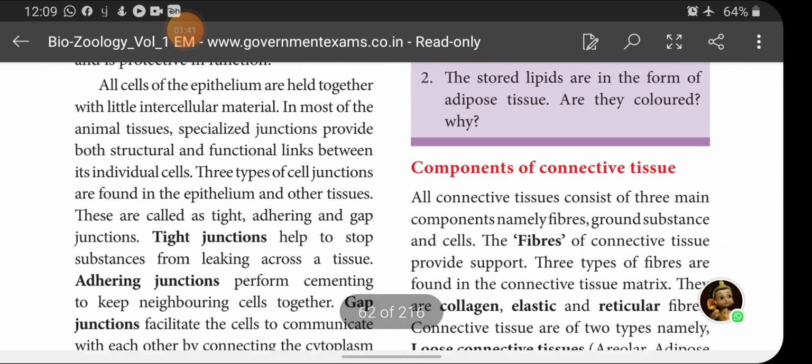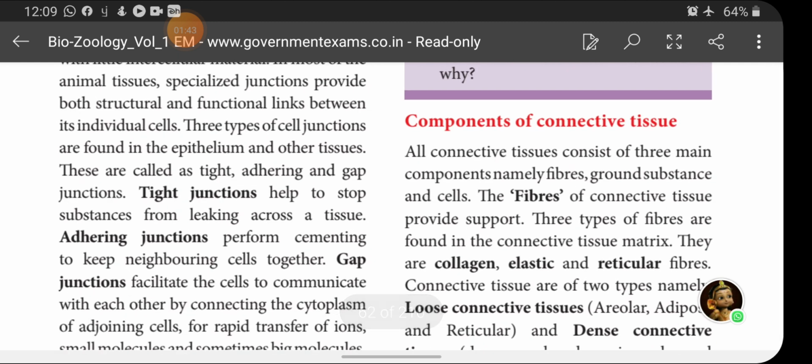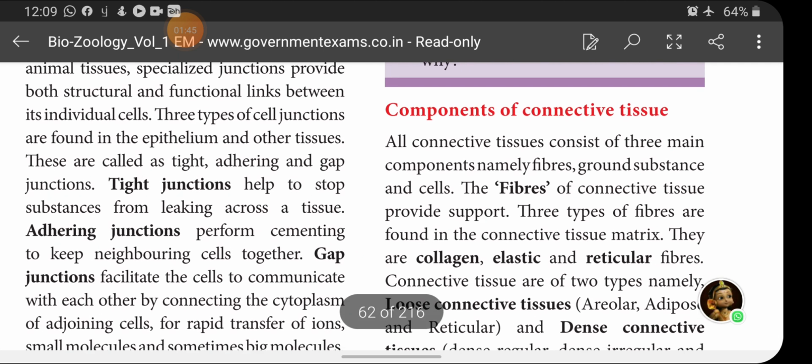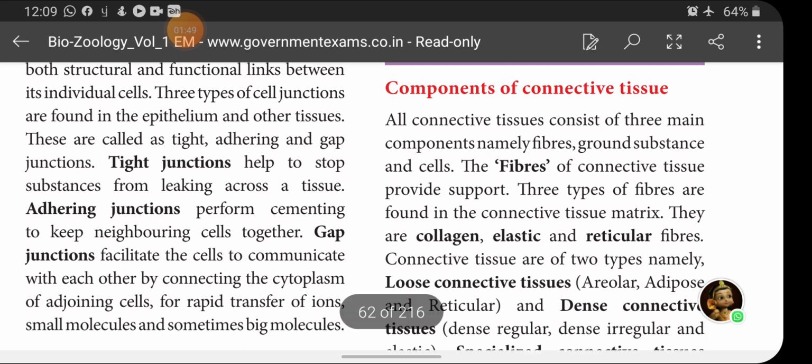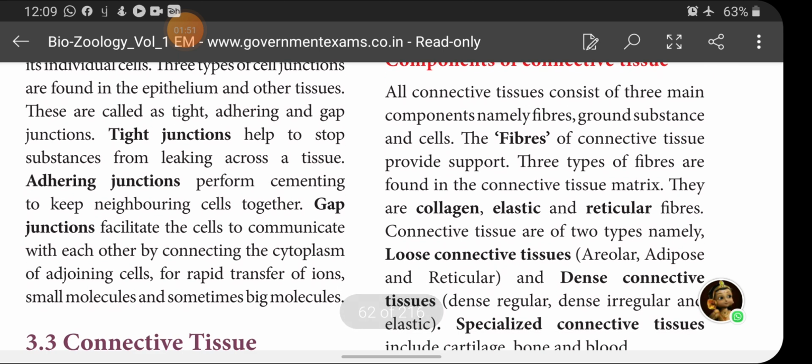Components of connective tissue. All connective tissue consists of three main components, namely fibers, ground substance and cells.